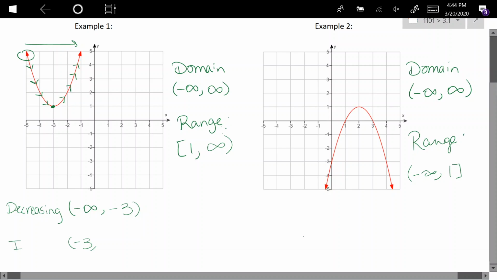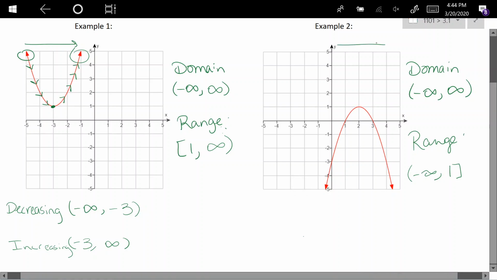So we're increasing from negative 3 until the very last thing we see is this arrow, telling us that we're going off to positive infinity. So for our first example, we're decreasing from negative infinity to negative 3, and then increasing from negative 3 to positive infinity. Let's take a look at our second example.